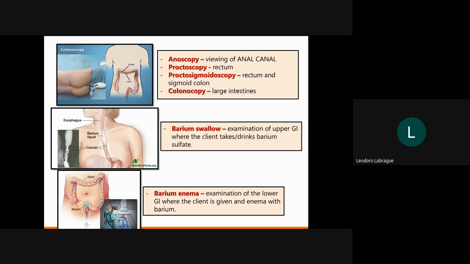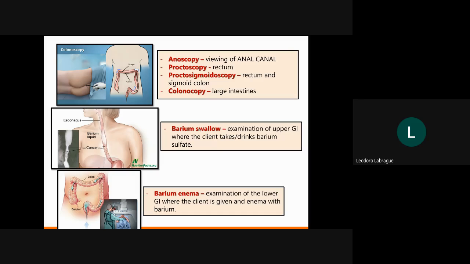Aside from visualization procedures, we also have barium swallow. What is barium swallow? If the patient is ordered for barium swallow, perhaps the patient has a problem with swallowing, or the patient is complaining of difficulty swallowing every time she eats. So the doctor might say, okay, let's do barium swallow so I can see why you have difficulty swallowing.